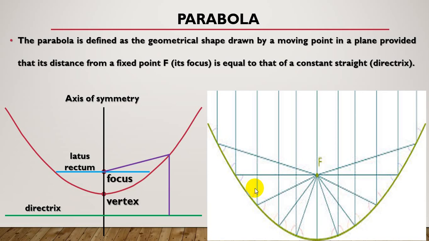If we look at this figure, we will find that this curve, the green one, is drawn by a point that starts moving all through the curve. Here is the vertex of that parabola, and it starts moving on that side to draw this curve, and on that side to draw this curve.